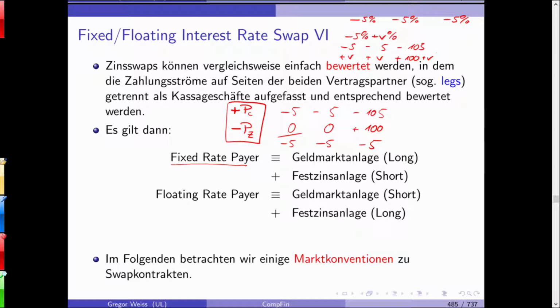For example, a coupon bond with fixed interest and fixed income versus a floating rate note, a floater. And usually an investment on the capital market will be a floating rate note. Now, you can do it both at the same time. If you only want to price one leg, you would combine, for example, a coupon bond with a zero bond. And, of course, you can do the same for the floating rate payer. You will just use a floating rate note.